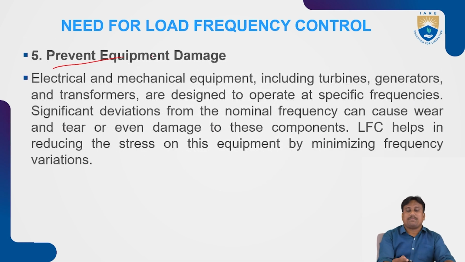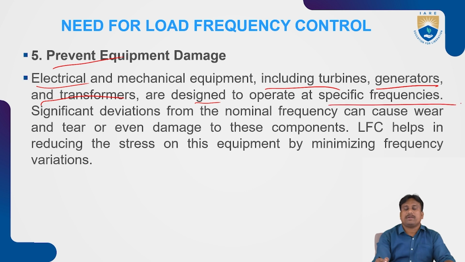The next case is about preventing equipment damage. Electrical and mechanical equipment, which include turbines, generators, and transformers, are designed to operate at specific frequencies, that means within suitable frequency ranges.